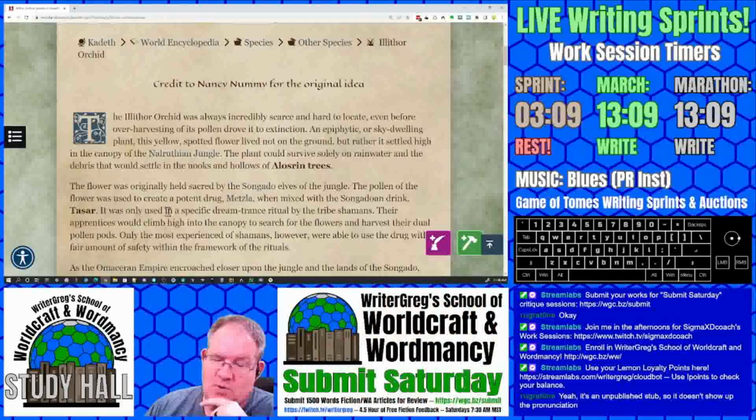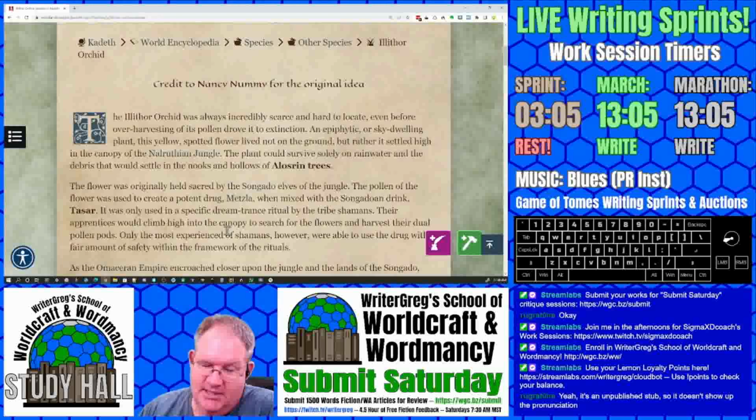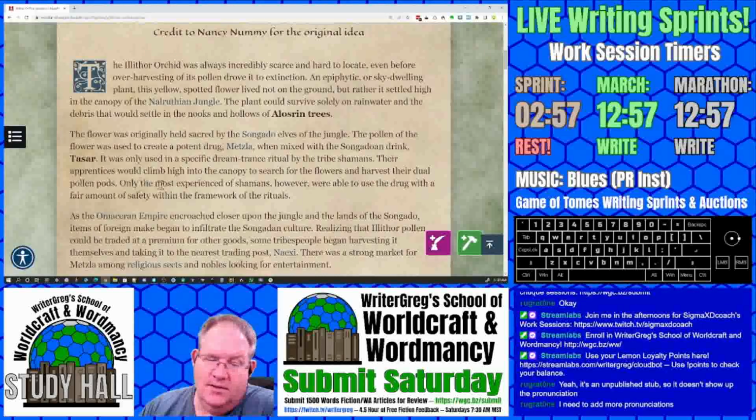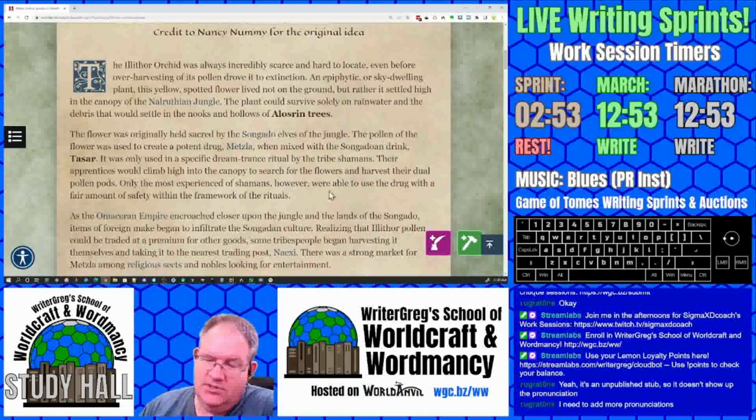It was only used in specific dream trance rituals by the tribe shamans. Their apprentices would climb high into the canopy to search for the flowers and harvest their dual pollen pods. Only the most experienced of shamans, however, were able to use the drug with a fair amount of safety within the framework of the rituals.